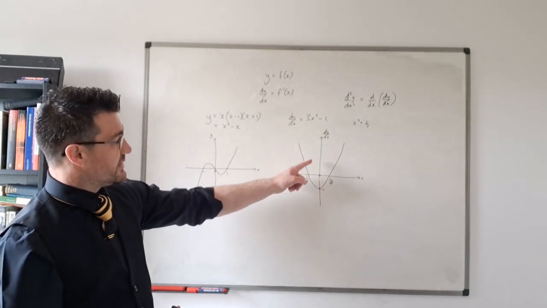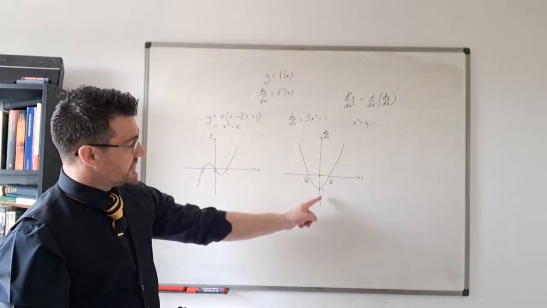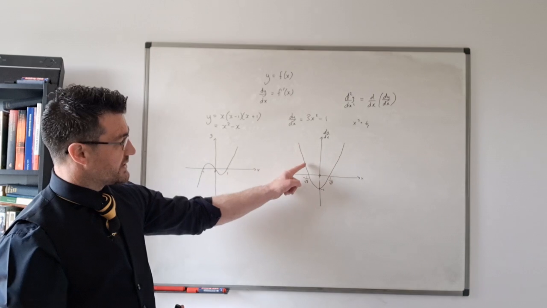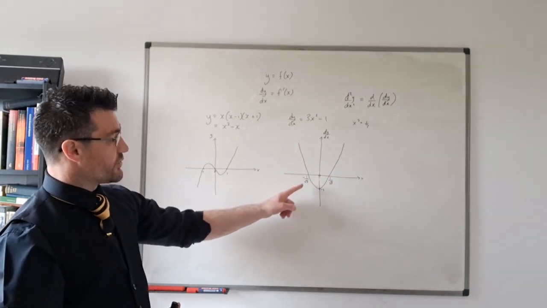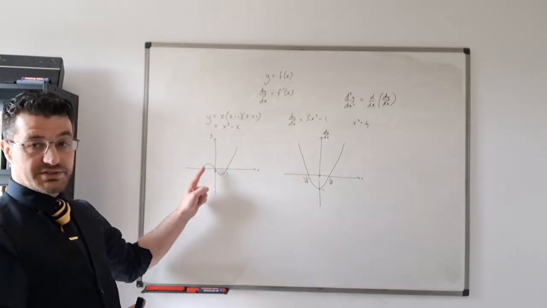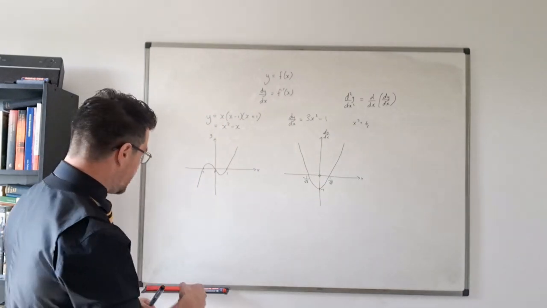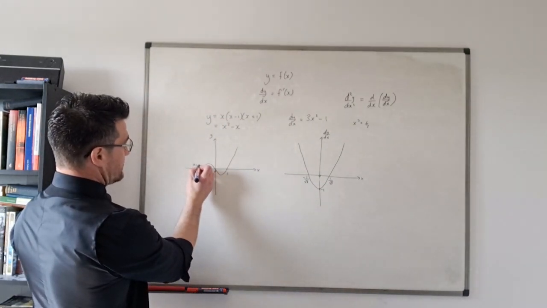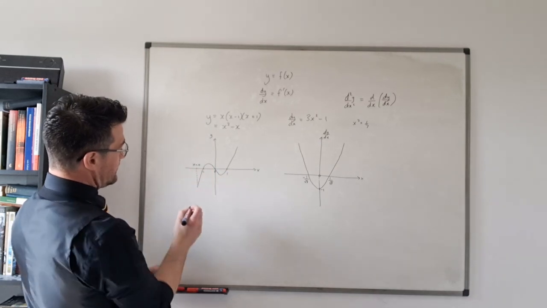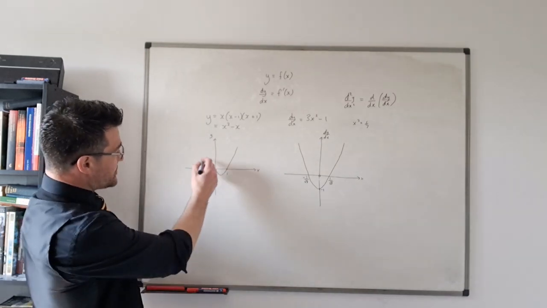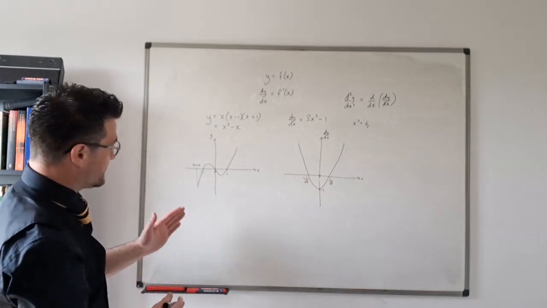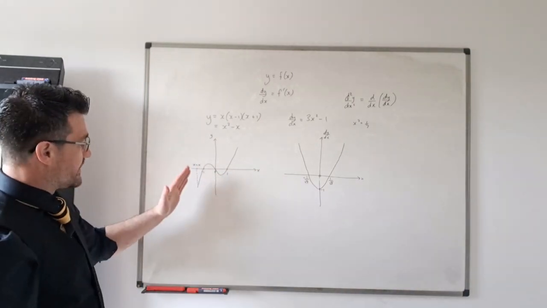Because this is the measure of the gradient. Right? The y-coordinates of these points are telling me what the gradient is at the corresponding points over here. So if I choose x equals a here, and I draw a tangent line in at that point, I'm not going to do it because it'll make the graph look a bit cluttered.